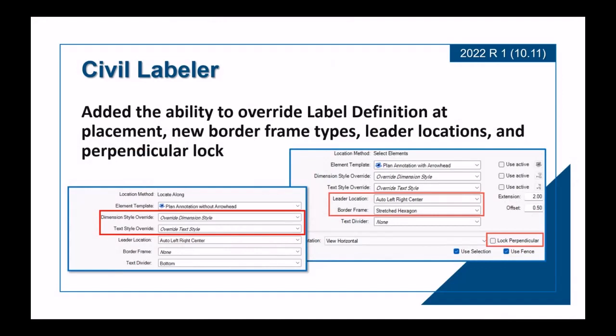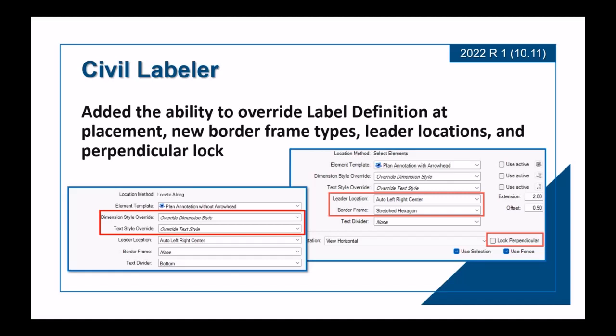Now, what are some of those new settings that we put in there? Well, we took some of that feedback that we got during the tech preview period, and we listened to you and made some adjustments. The first thing is, when we set out to build this tool, it was very much standards based. That's what everybody said they wanted, a tool where we can define the standards, and that label is going to look like that every time we use it.